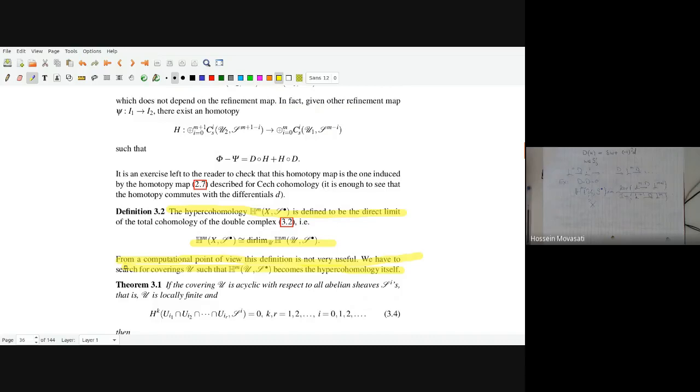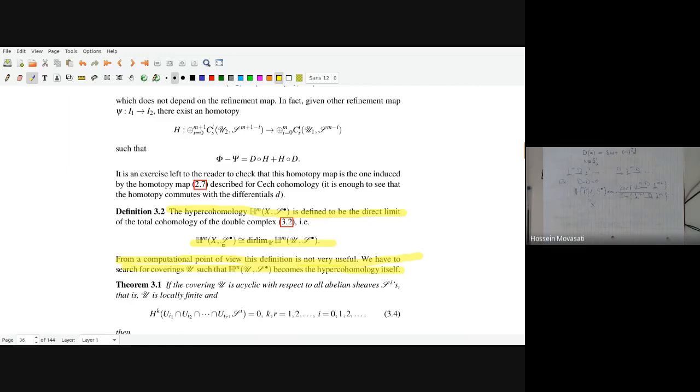Once again, this definition is useless, because taking a direct limit is a very boring way of defining something. So we want to reduce computing the hypercohomology to a covering, just fixing a covering.